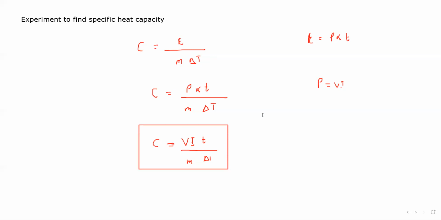So the quantities which we will measure are the voltage, current, time, mass, and temperature change, measuring the initial temperature and the final temperature.